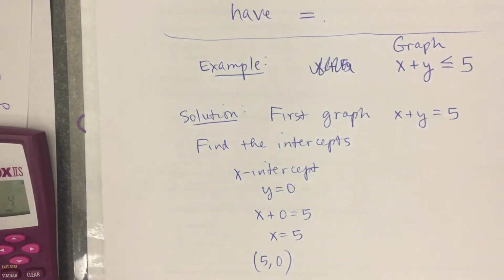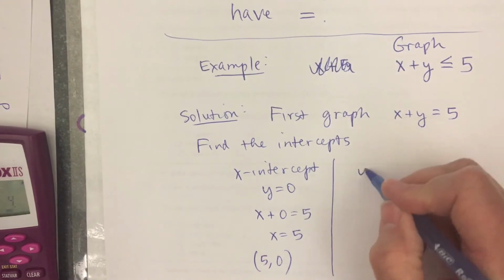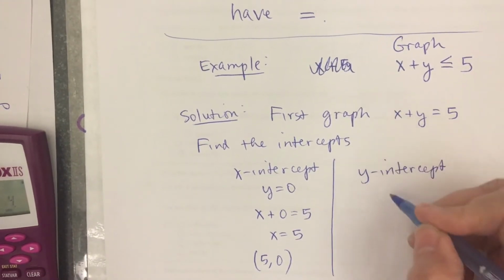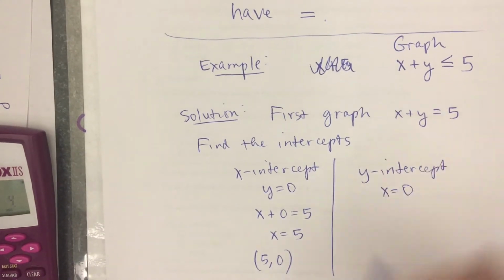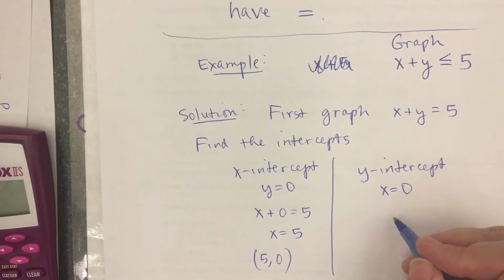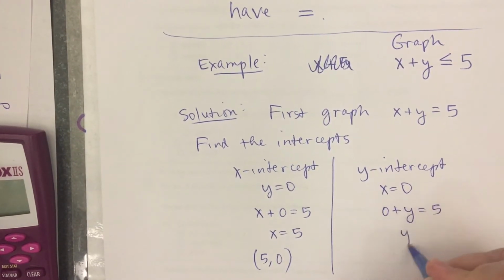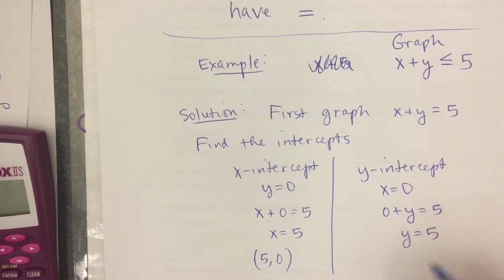And then I need to find the y-intercept. For the y-intercept, x equals 0. So that's going to give me 0 plus y equals 5, y equals 5. 0, 5.